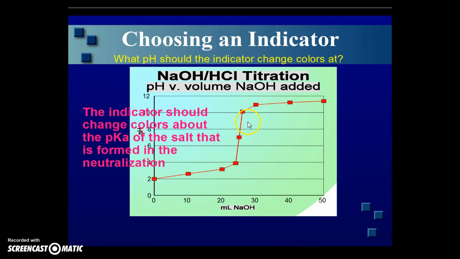Now the indicator that you choose should change colors about the pKa of the salt that's formed. Here we're forming sodium chloride, which has a pH of 7. But if we had an acidic salt being formed, we'd want something that would change the color somewhere down here in the acid range. If we had a basic salt like sodium acetate, we'd want something that changes colors maybe around a pH of 8.